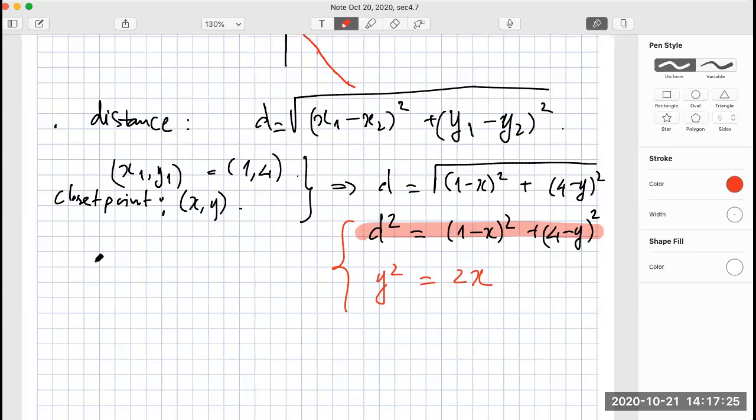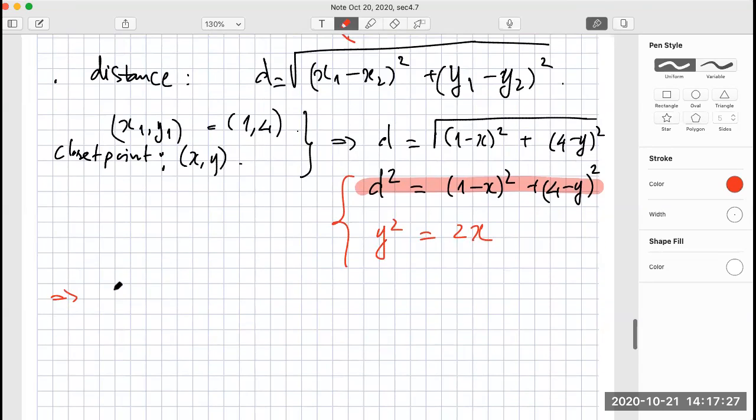Therefore, the distance, we can write it in terms of x, or we can write it in terms of y. It's up to us. Okay? Then we can minimize the function with respect to x or with respect to y. But now, in your point of view, which one would be easier for us?